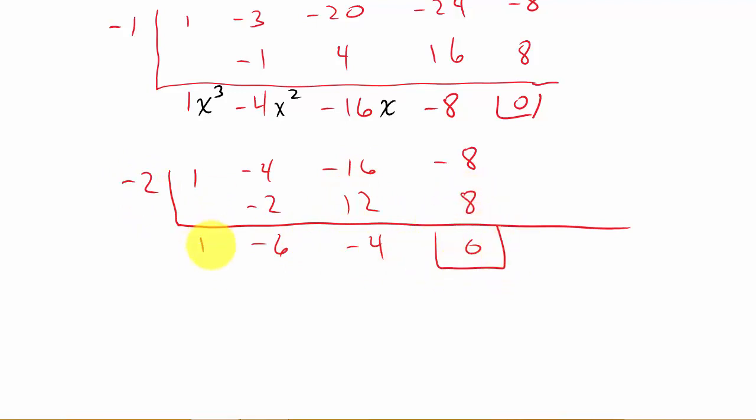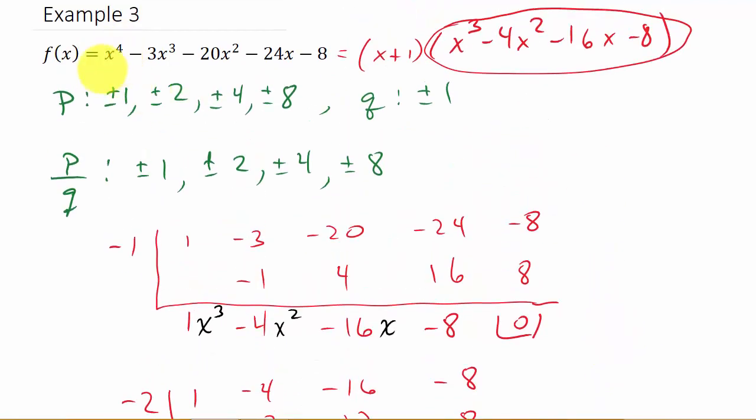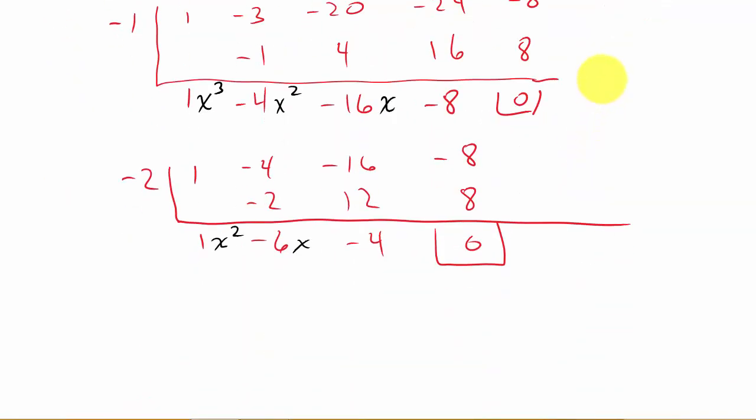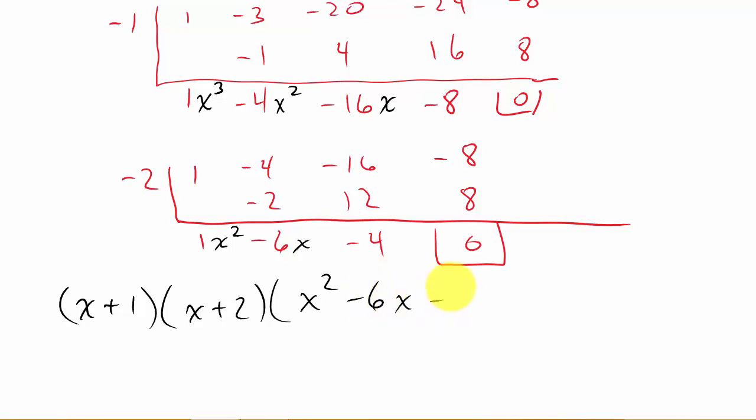So remember, this is x squared minus 6x minus 4. So basically, if we're factoring it, it would factor into x plus 1 times x plus 2 times x squared minus 6x minus 4.